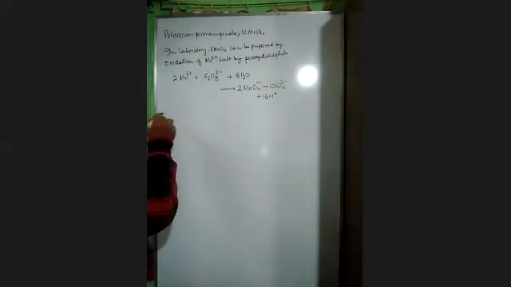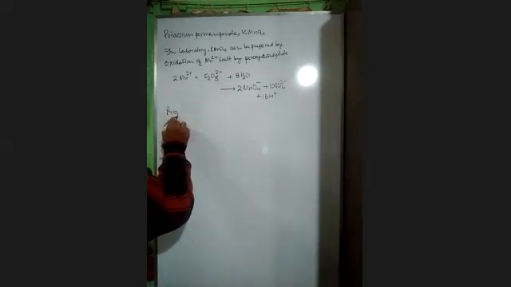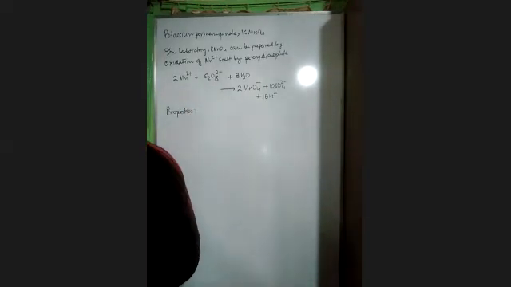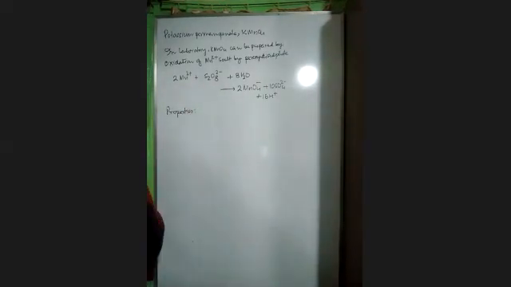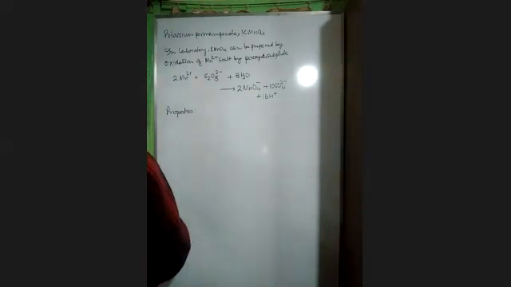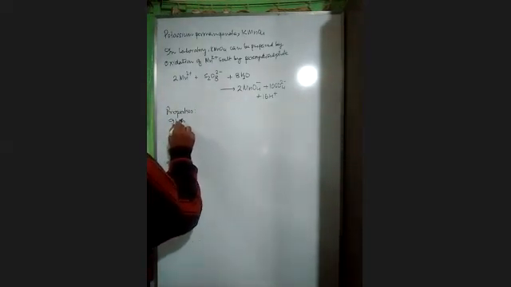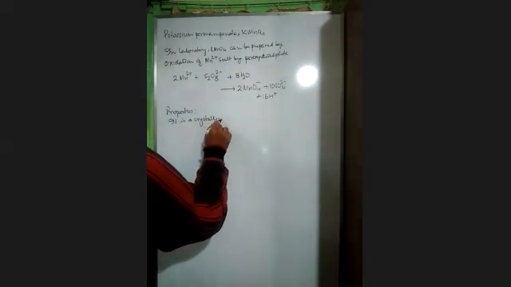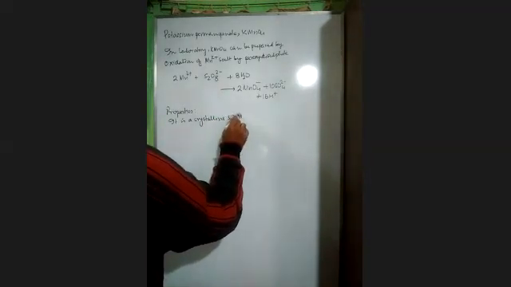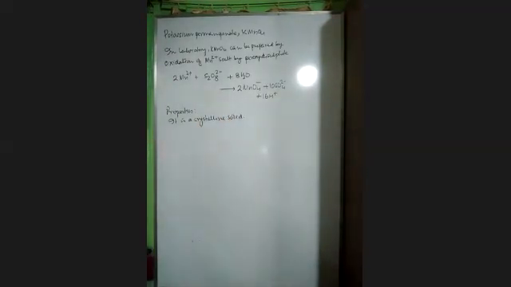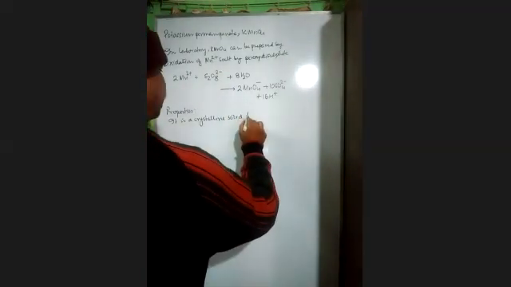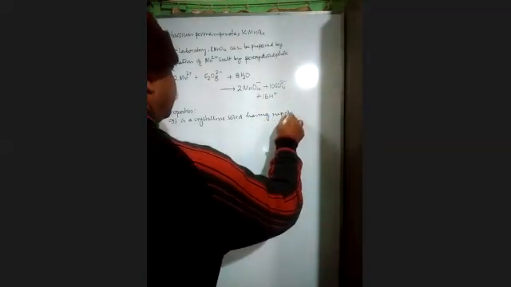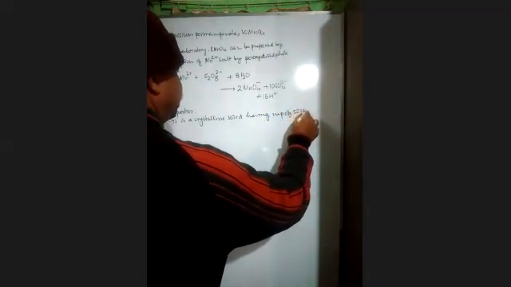Okay, now properties. It is a crystalline solid having a melting point of 523 Kelvin.